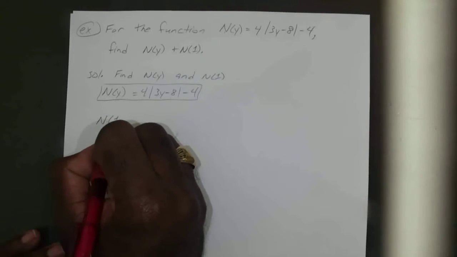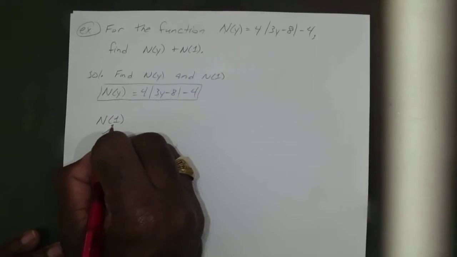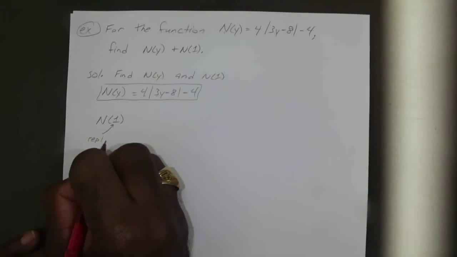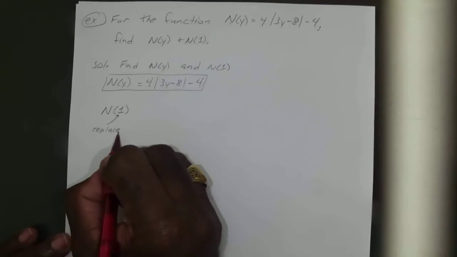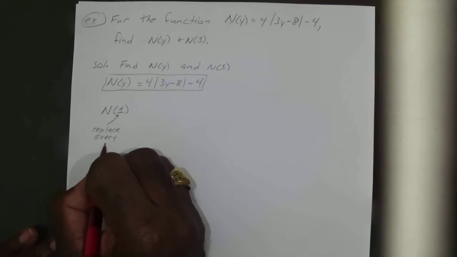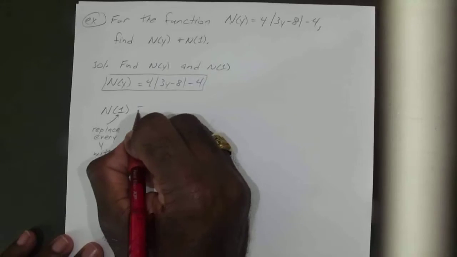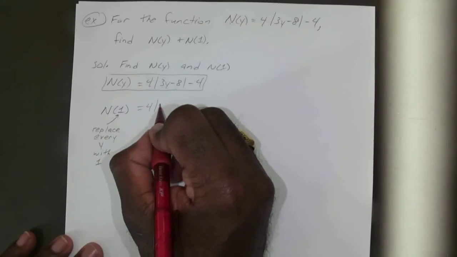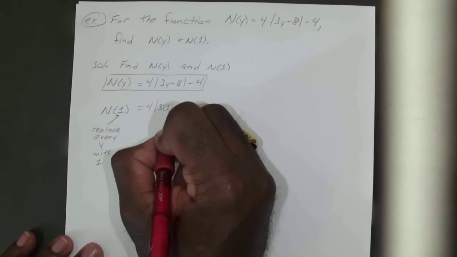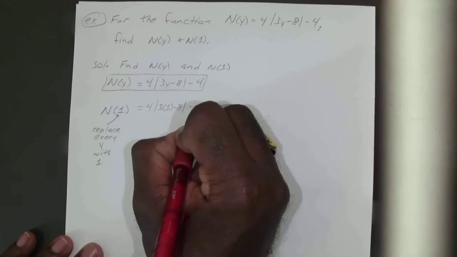Okay, so n of 1, replace every y with 1. So that's going to equal 4 times the absolute value of 3 times 1 minus 8, minus 4.